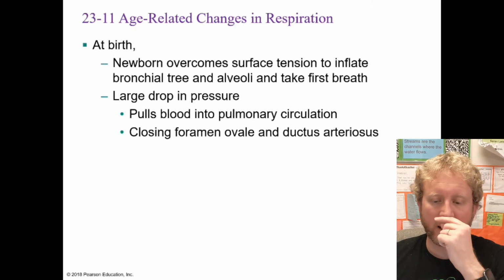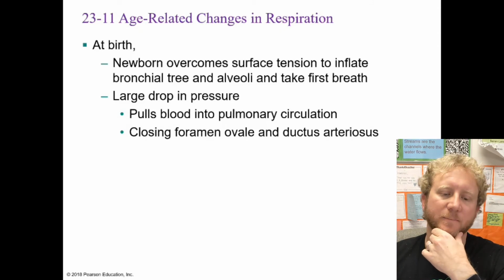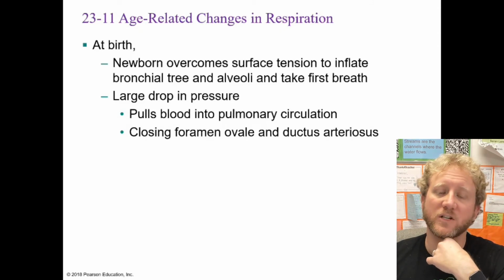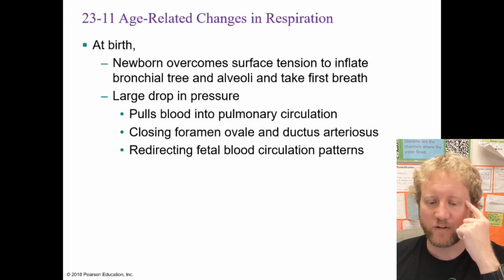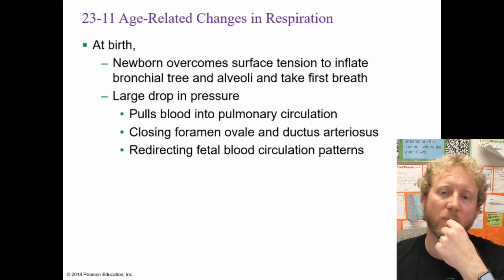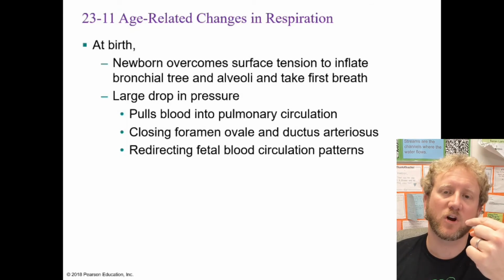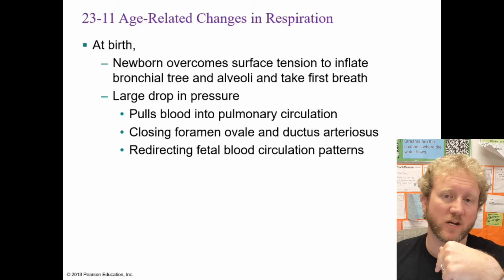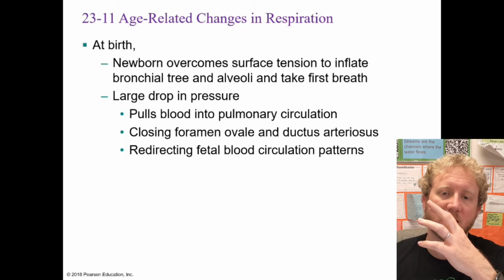The foramen ovale and the ductus arteriosus, those were structures that are in place while the baby is in utero. Those structures actually close, and then the fetal blood circulation patterns redirect into the normal circulation patterns. Remember, the foramen ovale basically allows the heart to skip the pulmonary circuit, and so at birth, that bypass gets closed.